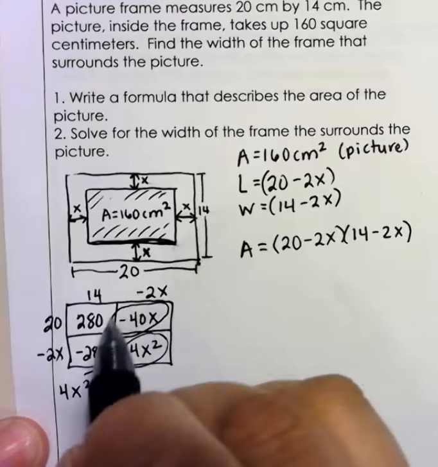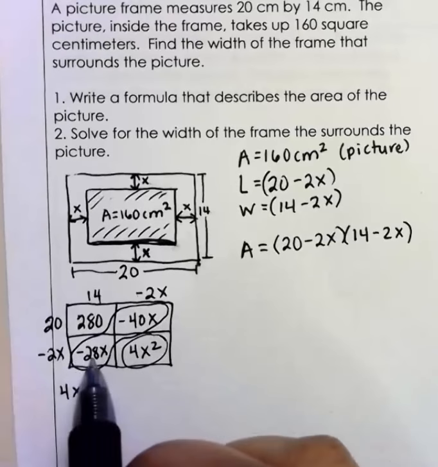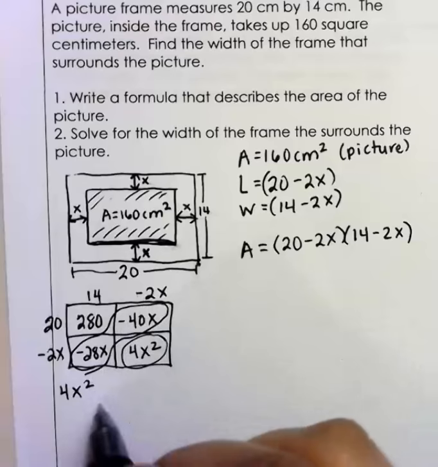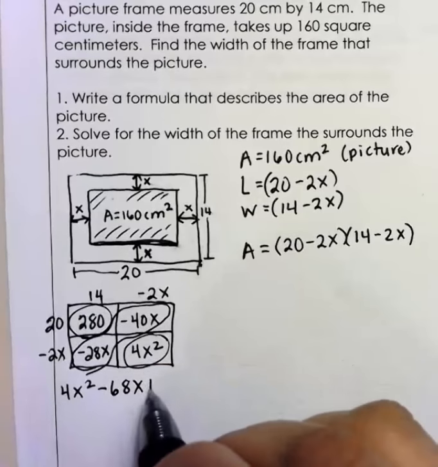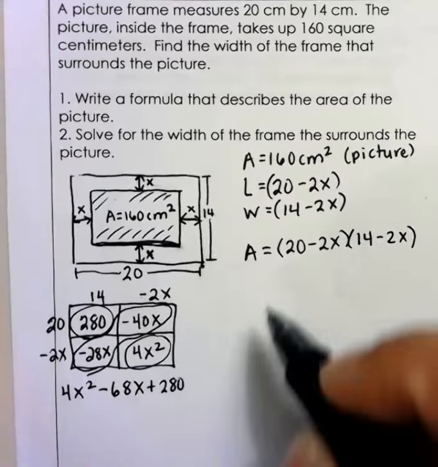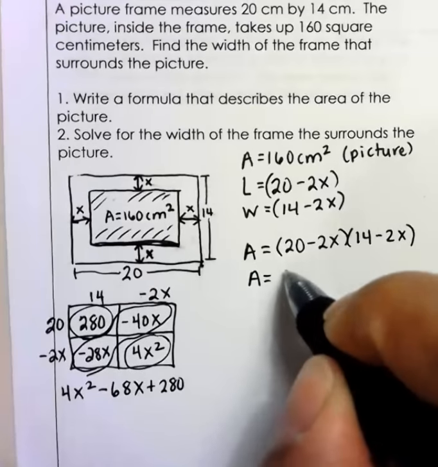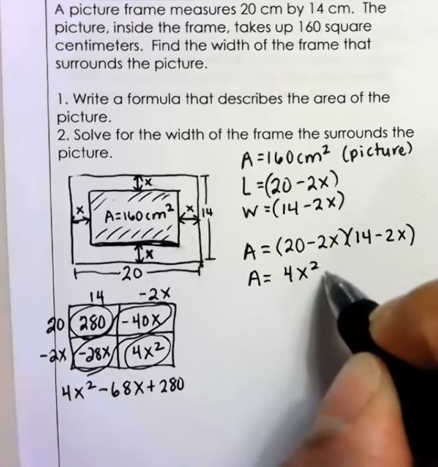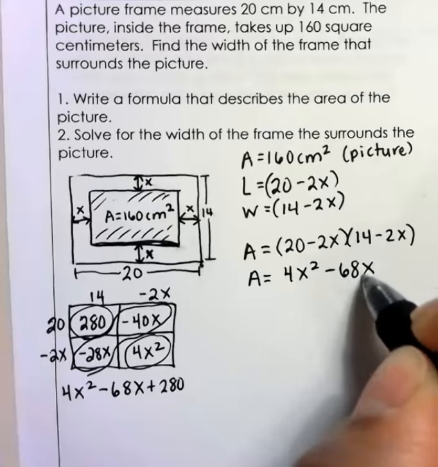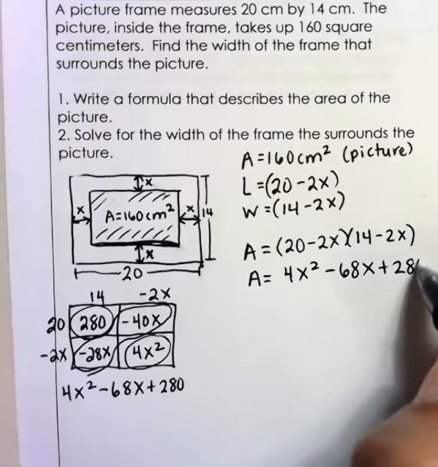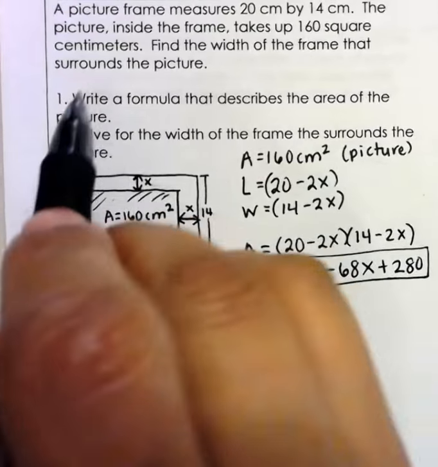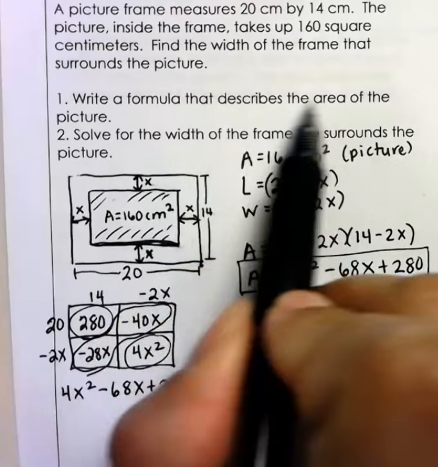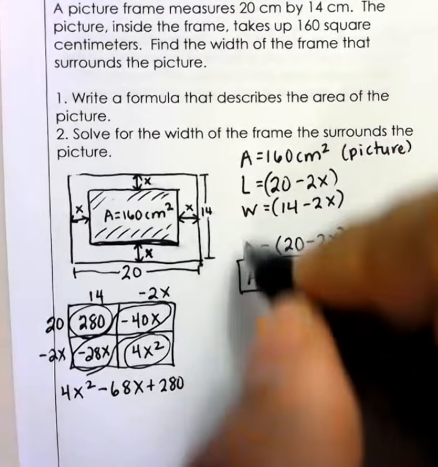These are like terms. Negative 28 plus a negative 40 is a negative 68X, plus this constant over here, 280. So the area is 4X squared minus 68X plus 280. This right here is this part: write a formula that describes the area of the picture. So this is number 1.